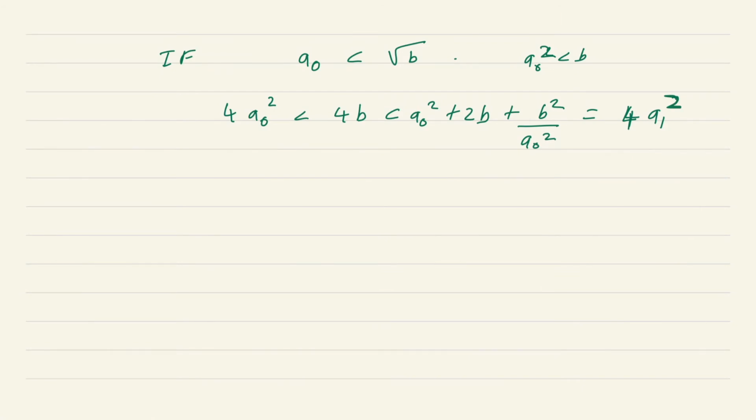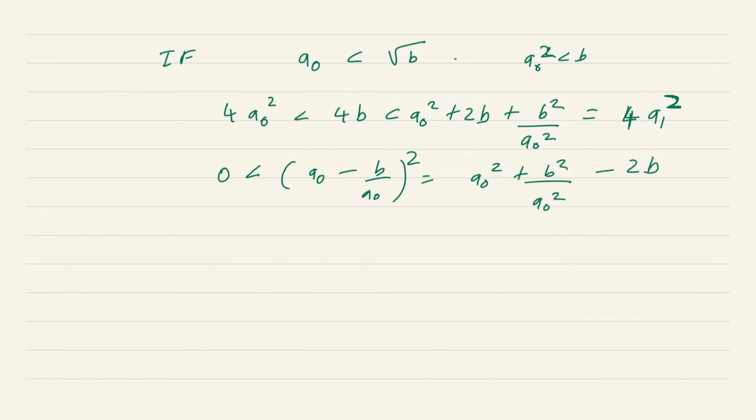Okay. So how does this follow? Well, this follows because 0 is less than a naught minus b by a naught squared, which is a naught squared plus b squared by a naught squared minus 2b.